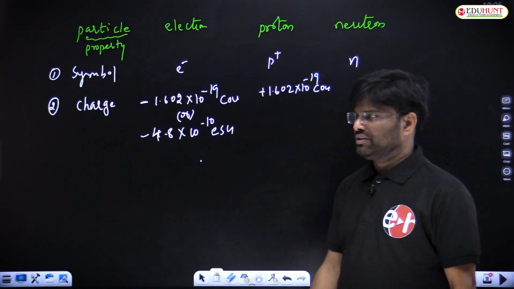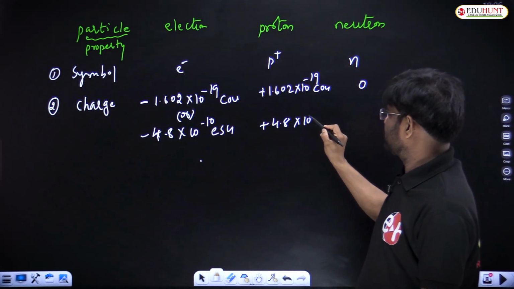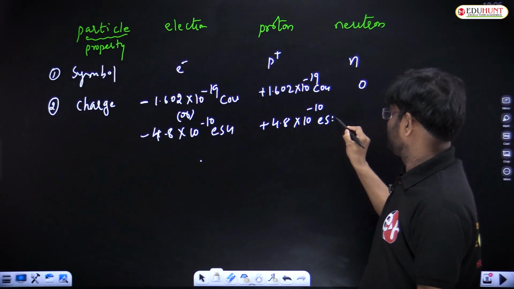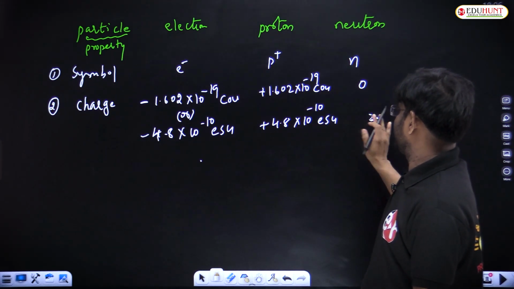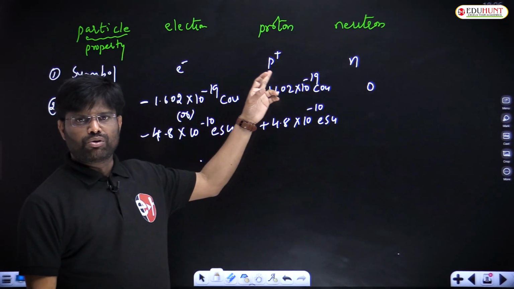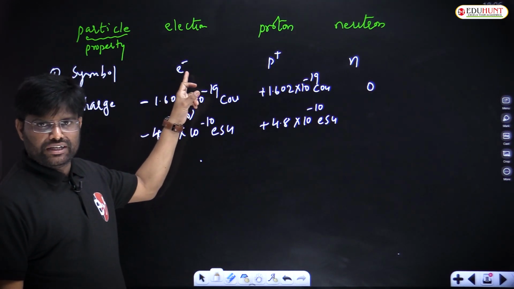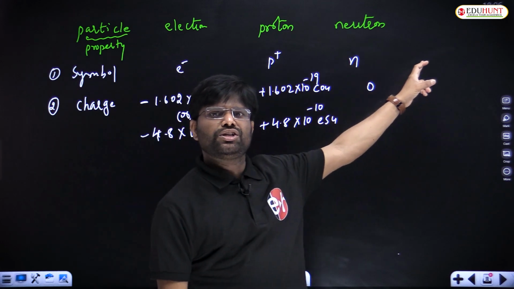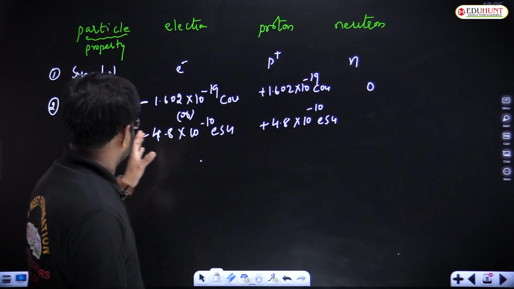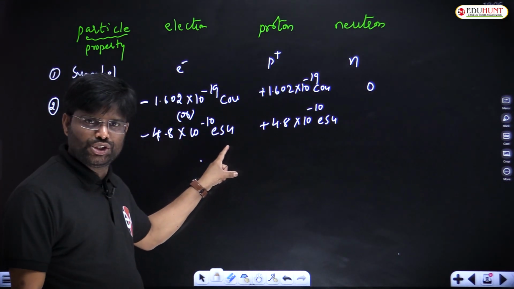Here plus 4.8 into 10 power minus 10 ESU. Here that is 0 only. So this is the charge of electron, proton, neutron, and the symbols: electron showing negative, proton showing positive, neutron showing n. This is about the charge, either in coulombs or ESU.